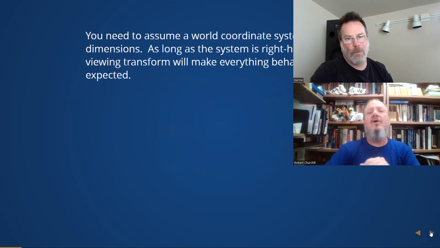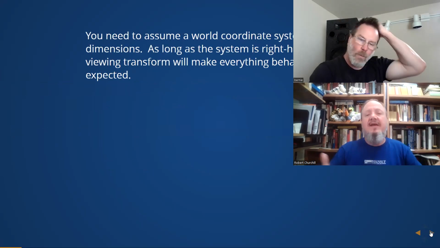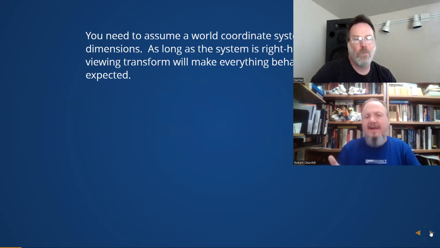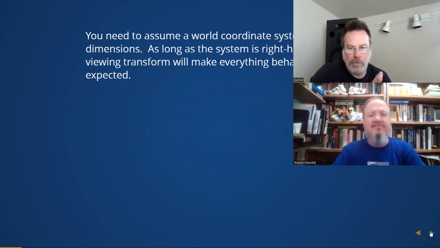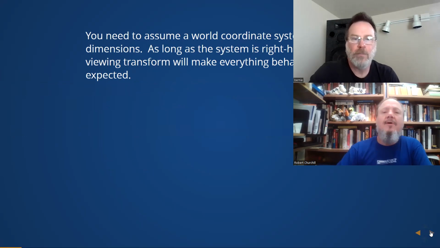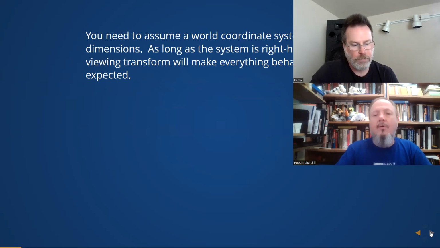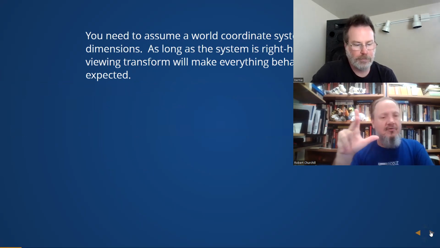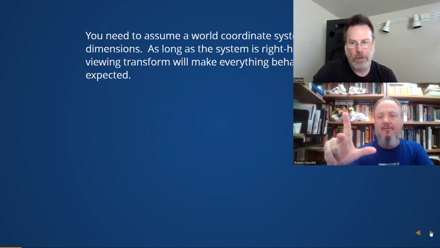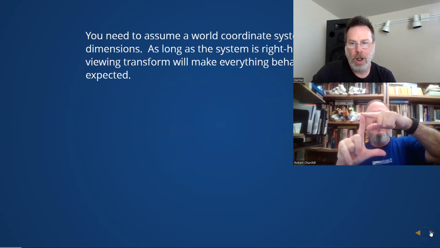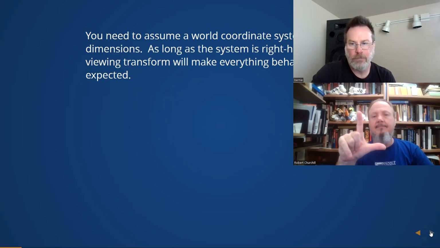So if we're going to do 3D graphics, we have to have an agreed upon way to set this up. If you think about a 3D coordinate system, we'll do a right-hand version. So you have X and Y the way you would look at it, right?